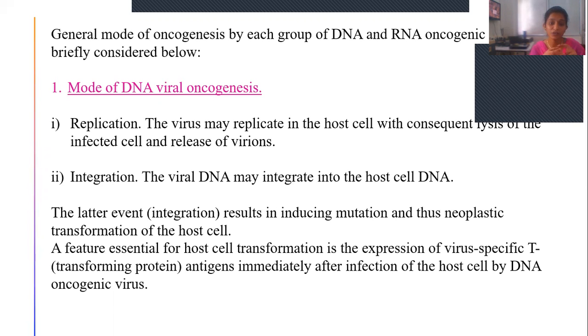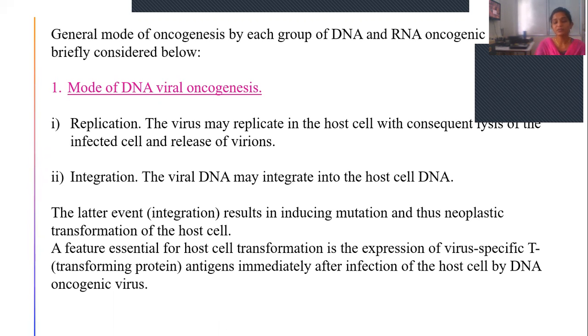The DNA of that virus gets integrated into the host cell DNA. That we call integration. During the process of integration, mutations are induced. When normal DNA is integrated with viral DNA, it causes certain mutations.